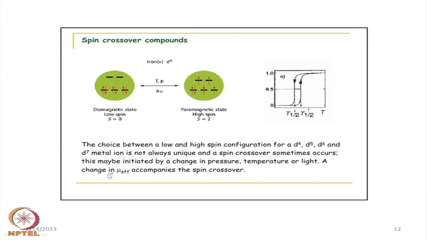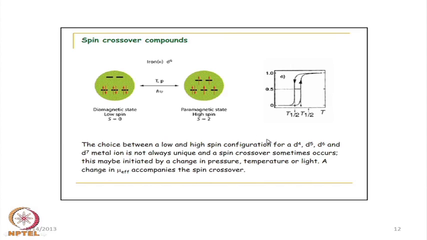When we study the magnetic properties of coordination compounds, we will come back to this. When measuring the mu effective value and its temperature dependence, we should be very careful whether we are dealing with spin crossover compounds or something else, such as antiferromagnetic or ferromagnetic interaction between two electrons occupying two different magnetic orbitals.